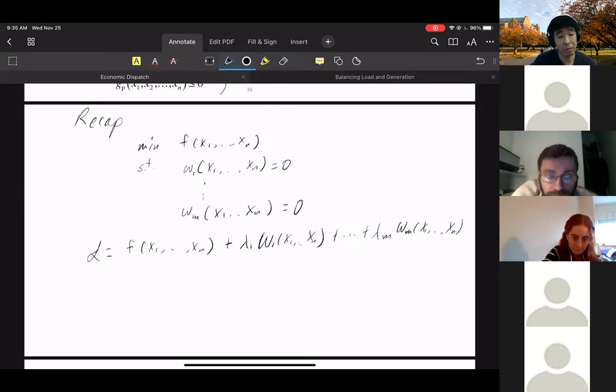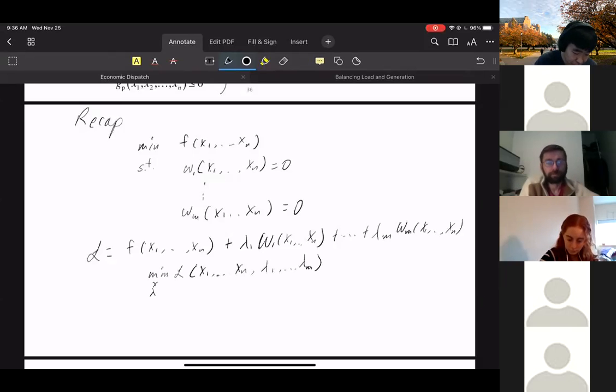Then we can think of this as an unconstrained problem. So we minimize over the Lagrangian, and this minimization is over both x and lambda. The Lagrangian is a function of both the so-called primal variables x and the multipliers lambda.